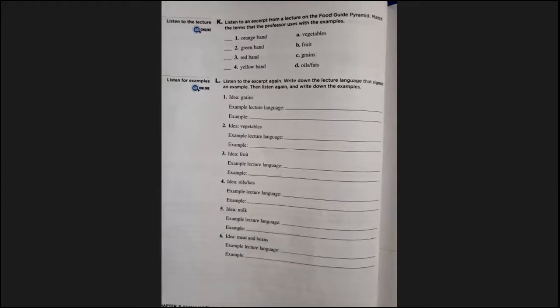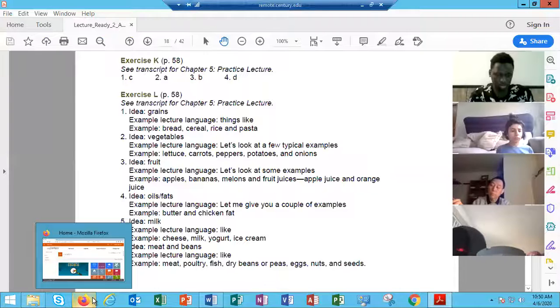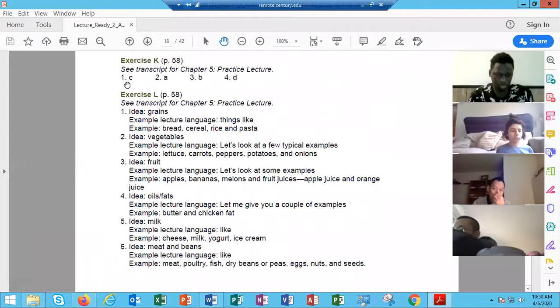So I'm going to just share my screen if you had a chance to do this, because I have the answers here. So for exercise K, it's CABD. So this row right here is the matching, if you can see that.